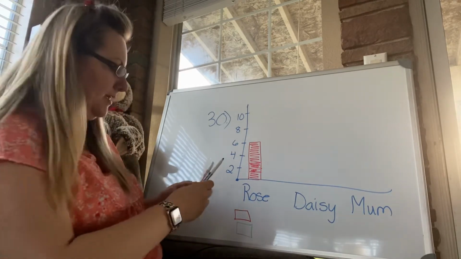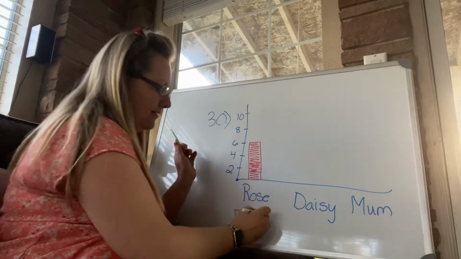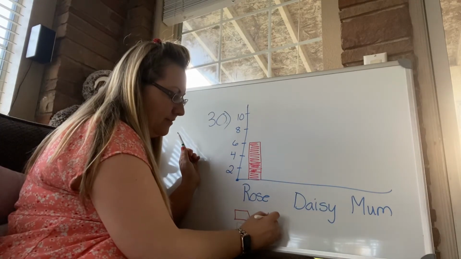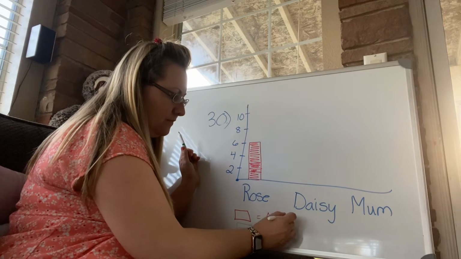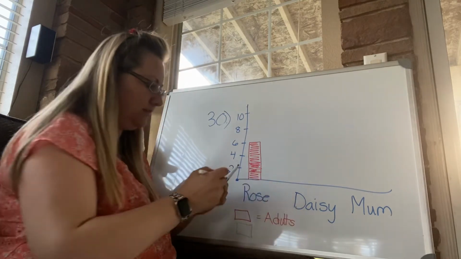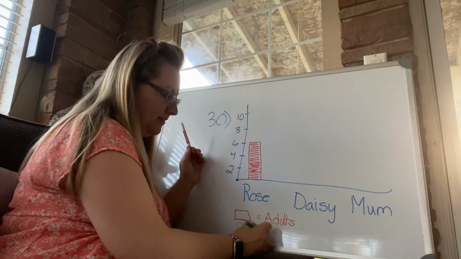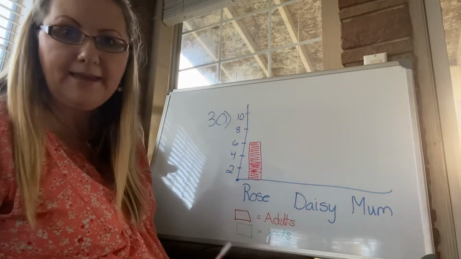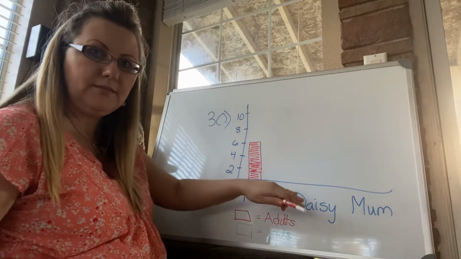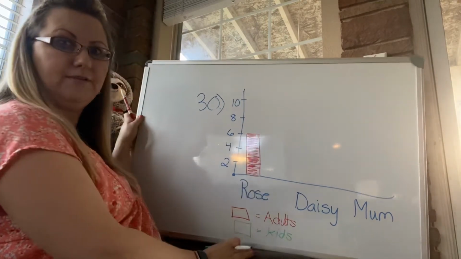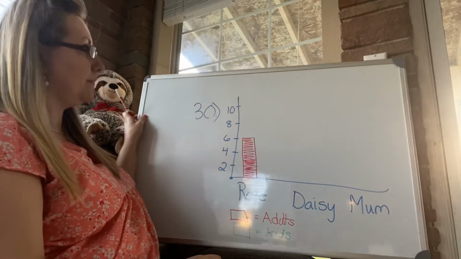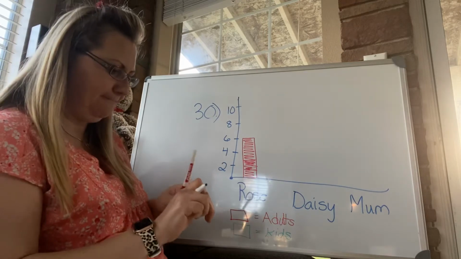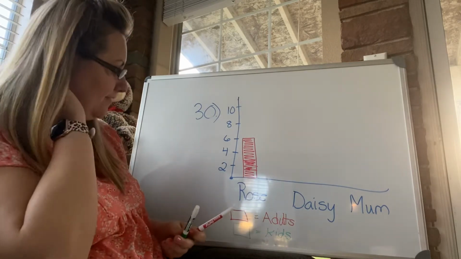Can you see that? And we're going to say the red stands for adults, and the green stands for kids. Okay, can you see that okay? Is there a little bit of a problem with the lighting? Hopefully you're able to see everything okay.